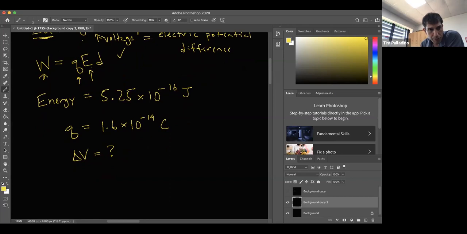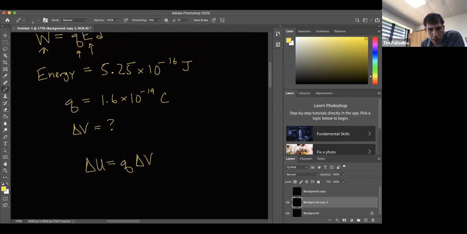So for this one, I know that delta U equals Q delta V, the voltage, okay? And what I'm looking for in this case is delta V. So I'm going to rearrange the equation so that delta V equals my electric potential energy divided by the charge on the electron.